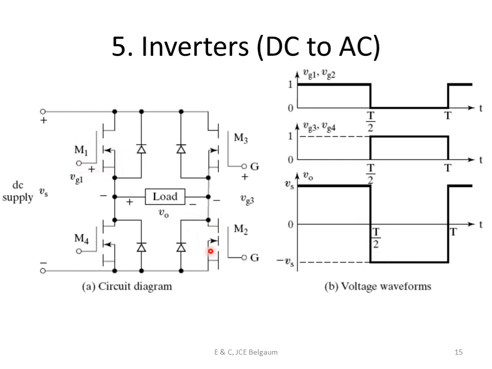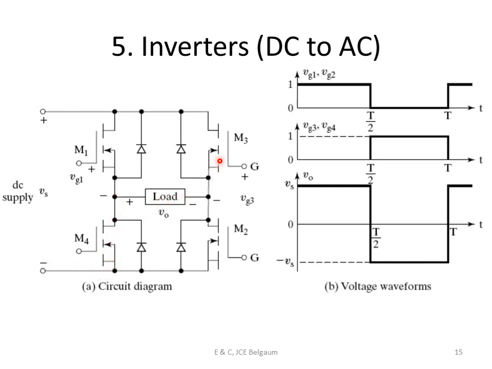Now, when I want the negative to flow, what I will do is make M1 and M2 off and make M3 and M4 on. In that case, the current will flow from plus, it cannot flow here, it will come here and go through M3. Now see, it will go through this load because this is off again. M4 is on, so it will come like this and go.